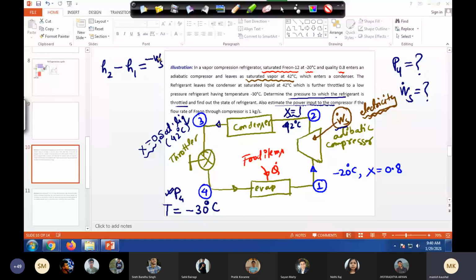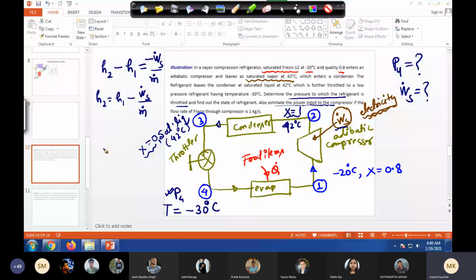I think it should be right, because H2 will be H1 minus W dot S by M dot, and since work is being done on the system, W dot S will be negative, so negative, positive, your enthalpy should increase. That's what we expect in the compressor. That's why we compress the gas, to increase its enthalpy.